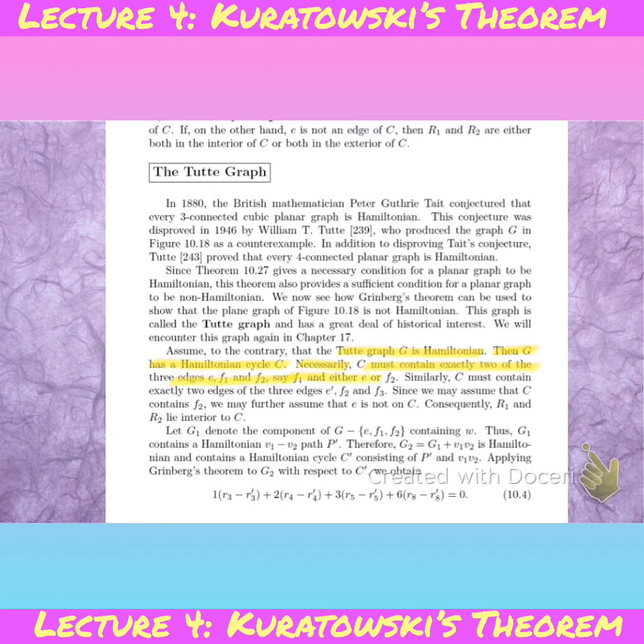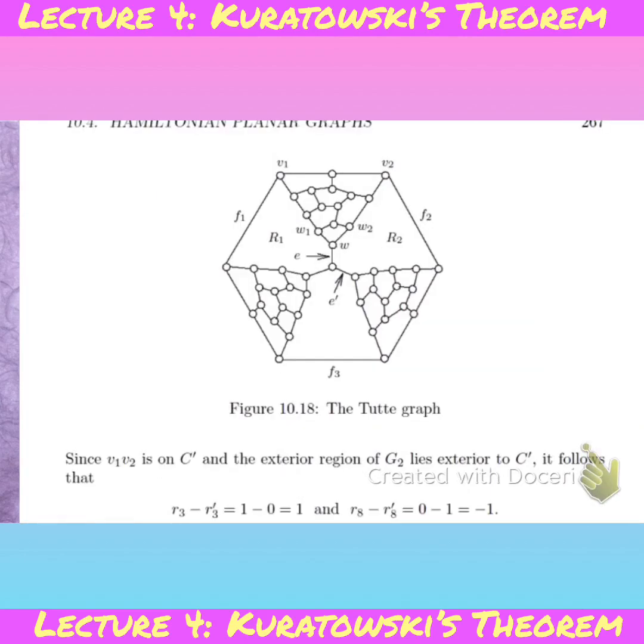Say F1 and either E or F2. So if you go back here, the Hamiltonian cycle must contain that edge, or either this edge or that edge.